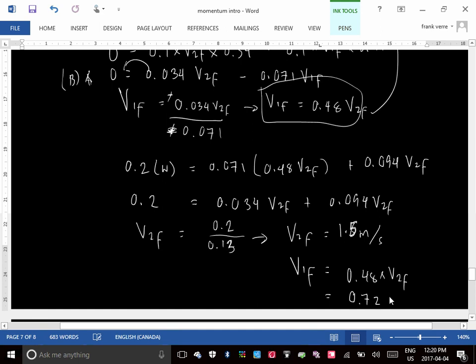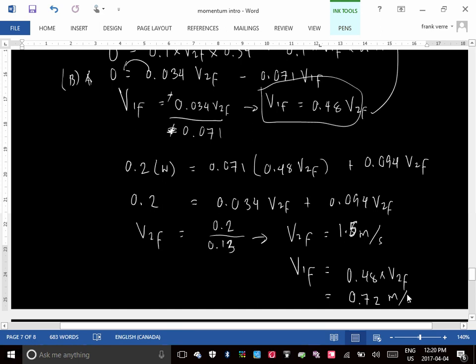0.72? Okay. Alright, so the technique to solving a question like this is actually the same technique you learned with static scenarios with forces. Remember we did questions with poles and cables, so it's actually the same.